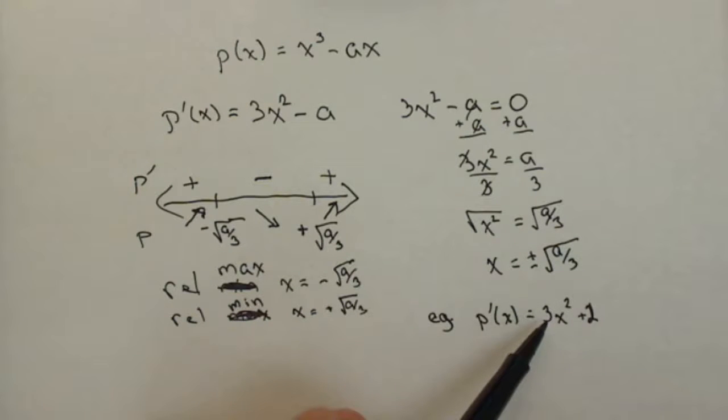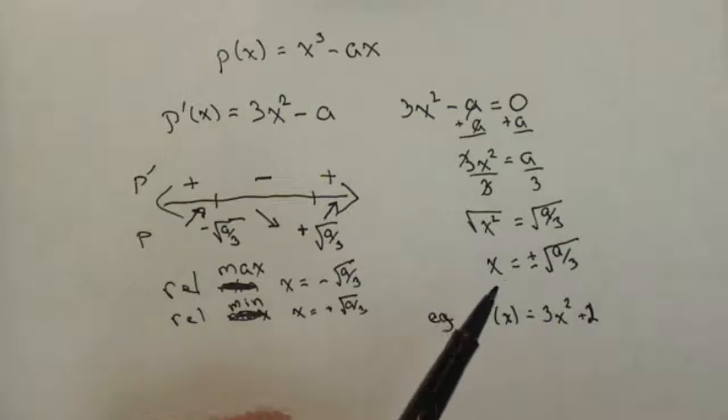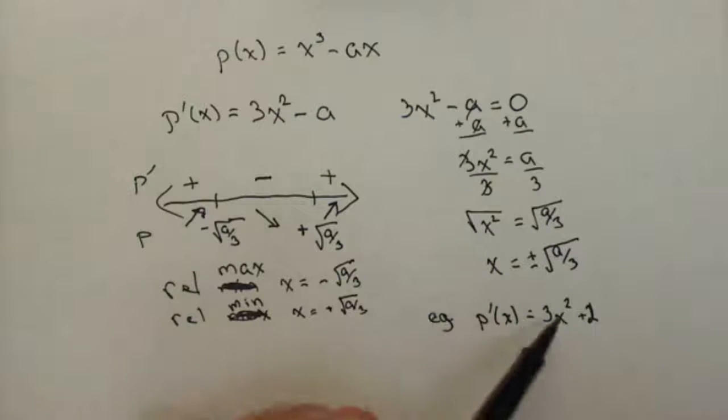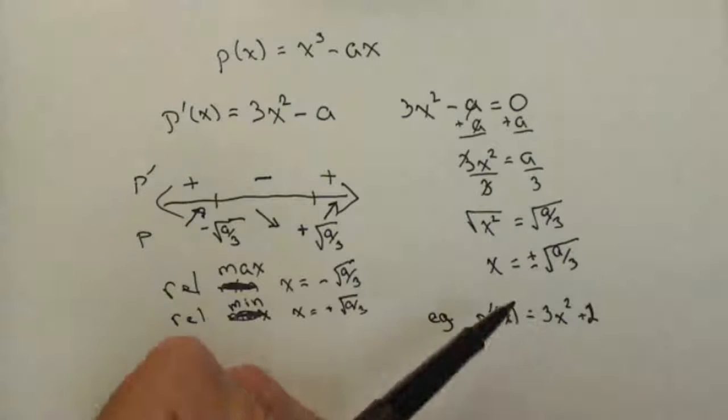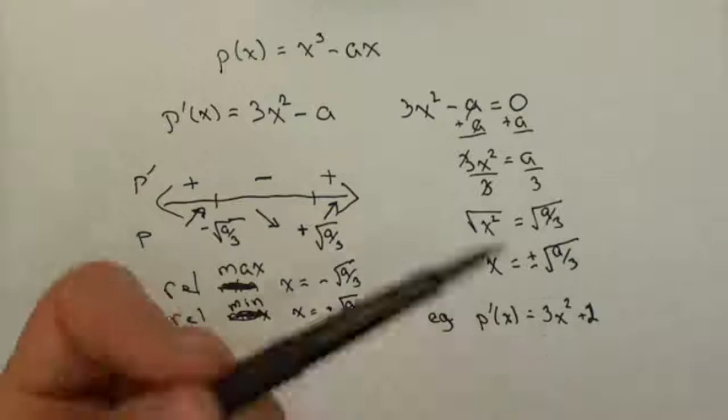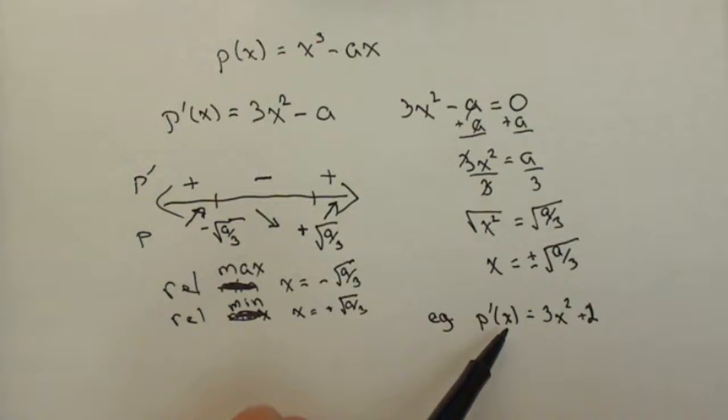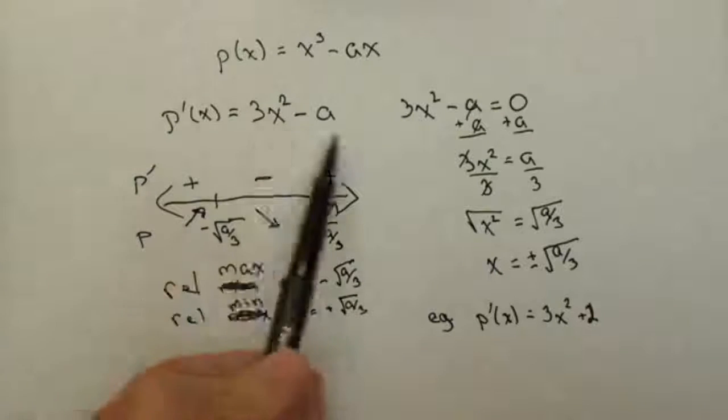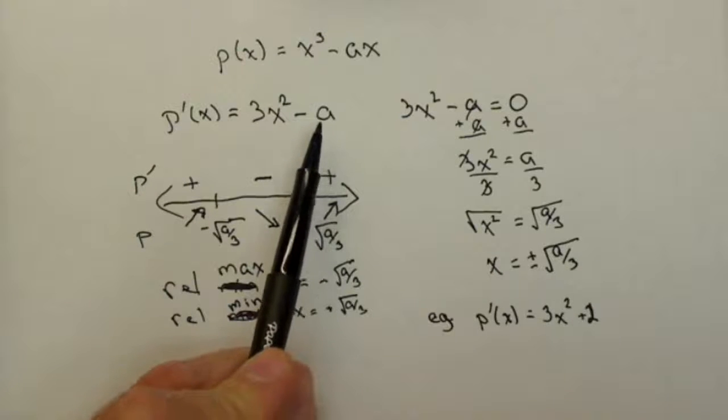This does not have any real zeros, so this would not have any critical points. So in order to have critical points, we needed a to be less than 0. Excuse me, we needed a to be greater than 0. So we don't need to worry about this particular case having critical points, and we'll look at the graph to see how they differ. So there are only critical points in this particular family of functions if a is greater than 0.